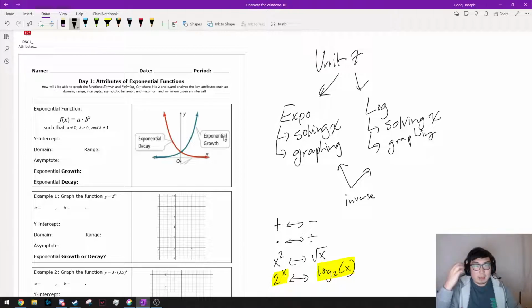We're going to be talking about the exponential function, f of x, or y, is equal to a times b to the x. And a cannot equal 0, b cannot be a negative number, and b can't equal 1. So really this should have been b is greater than 1.